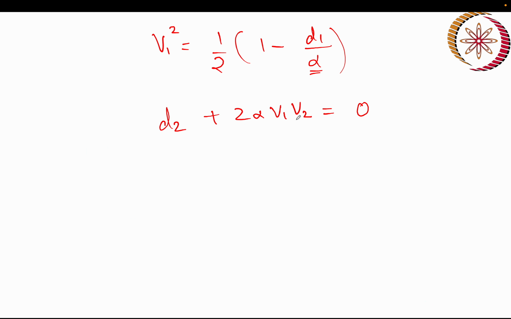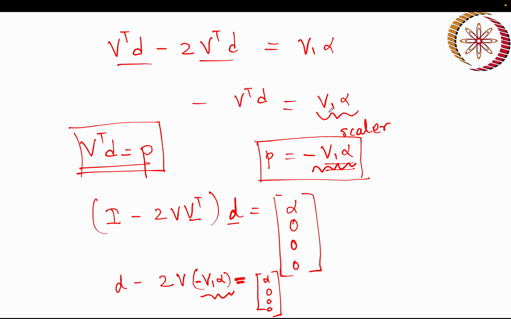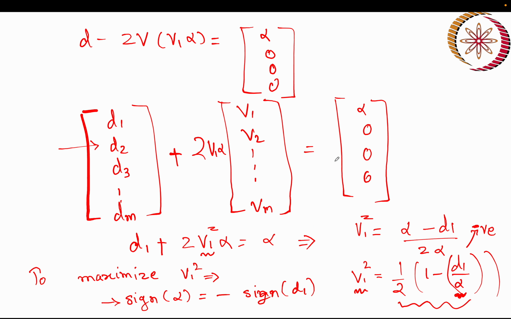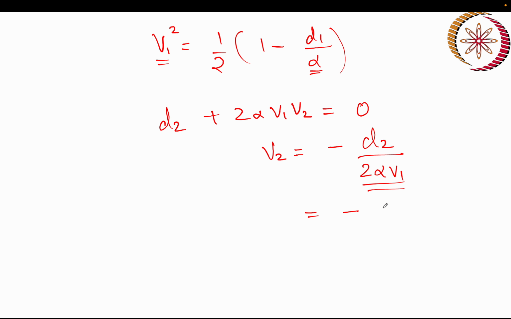We already have V1, so V2 is equal to minus D2 divided by 2 alpha V1, and minus alpha V1 is nothing but P, so we can write D2 by 2P. In general we can write any Vi is equal to minus Di by 2P.